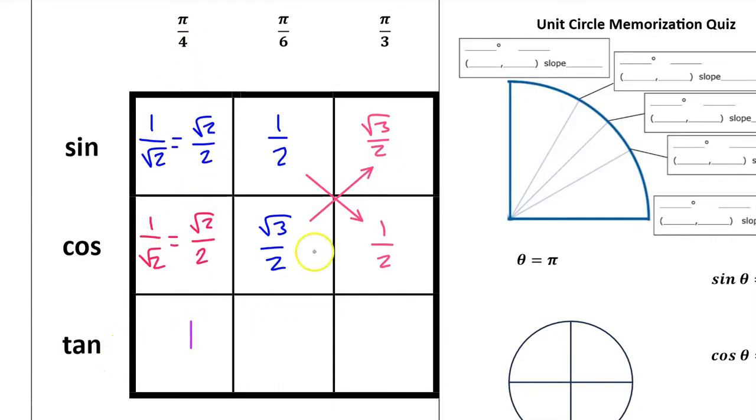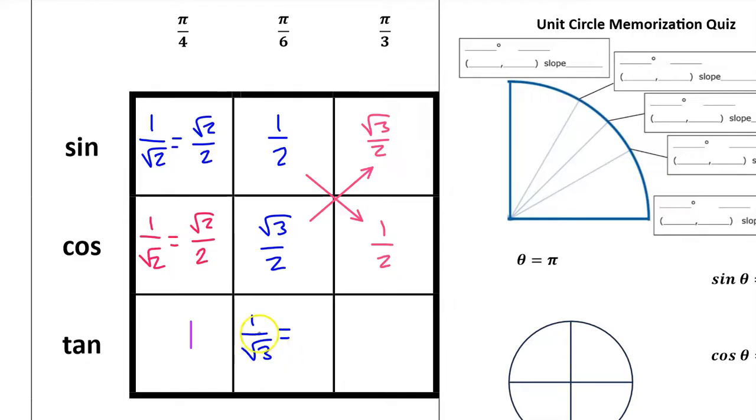The tangent of pi over 6 is 1/2 divided by radical 3 over 2. Notice that the denominators are the same. So these are going to cancel each other out, and we will be left with 1 over radical 3. So the tangent of pi over 6 is 1 over radical 3.